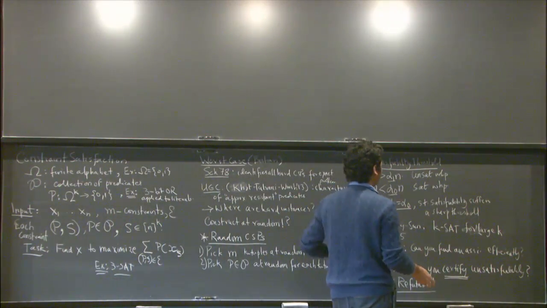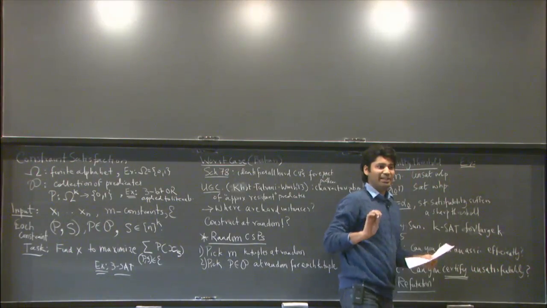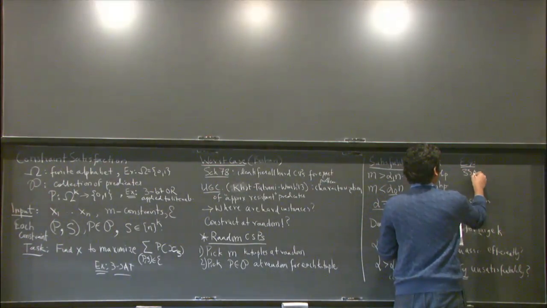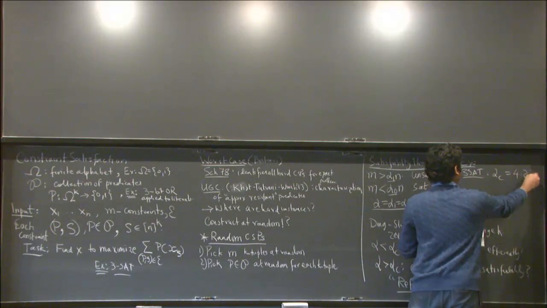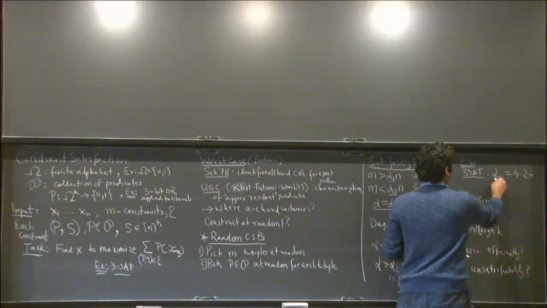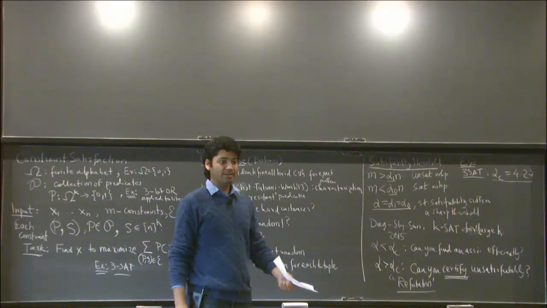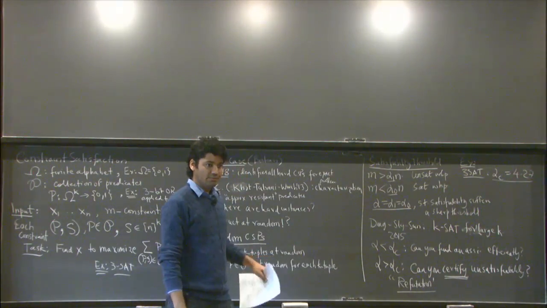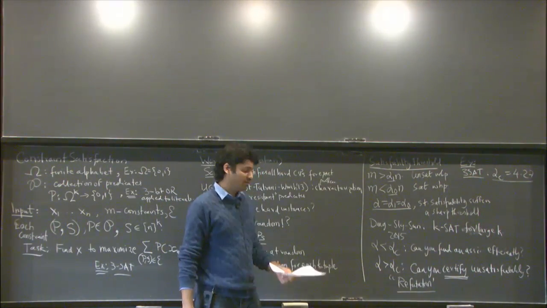As an example, for 3SAT, the alpha critical is conjectured to be 4.27, and you could ask for any alpha bigger than alpha critical: does there exist a short proof which works with very high probability, and can I find it efficiently? Both those questions are non-trivial.